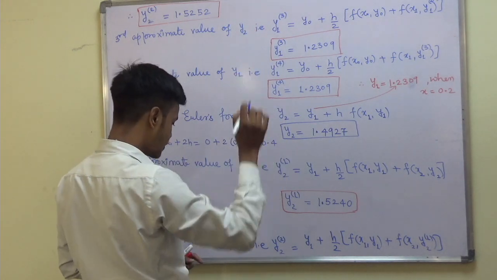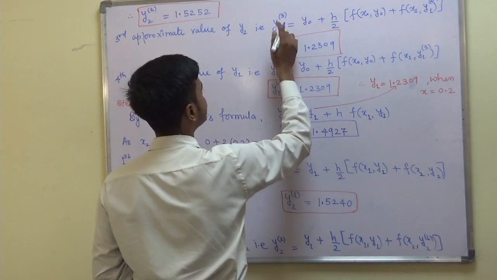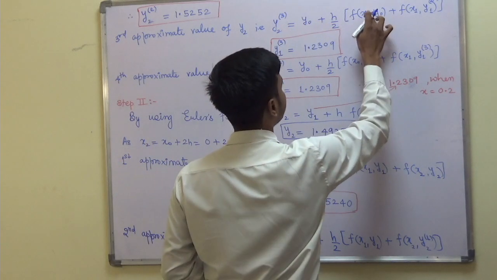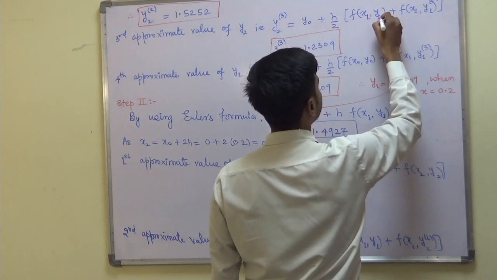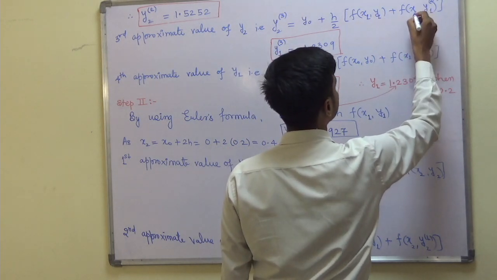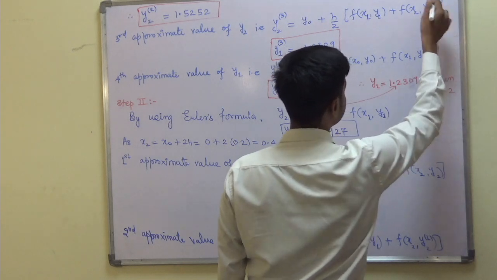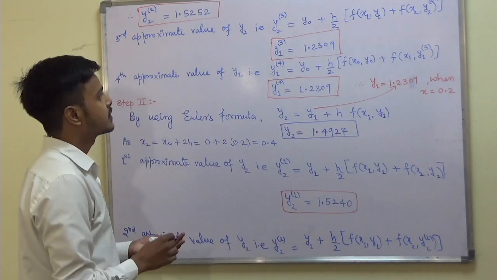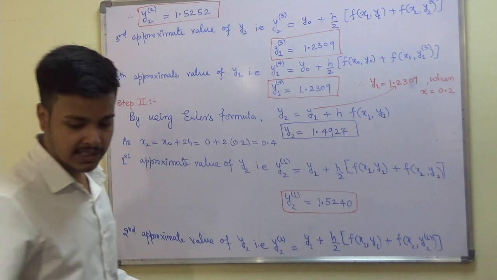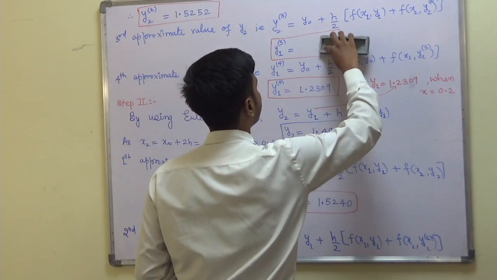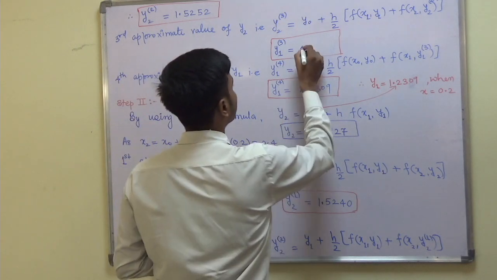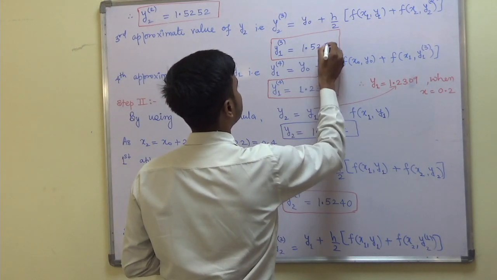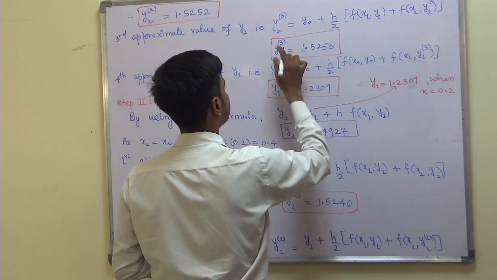So the third approximate value of y2 is y23, which is given by x1, y1, x2, y2 2. This is important. Okay, so value of y23 is 1.5253. This is y23.